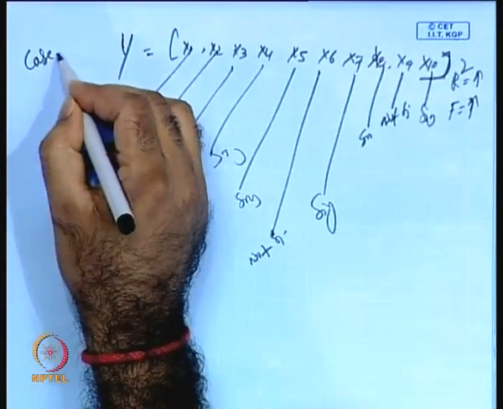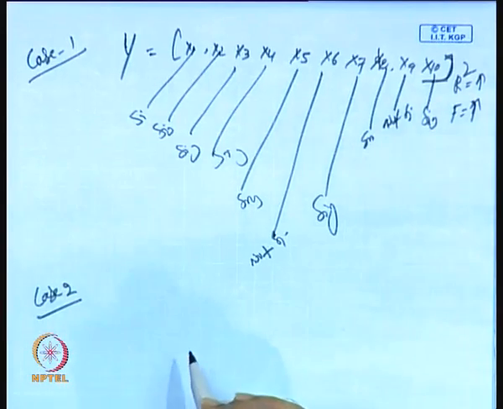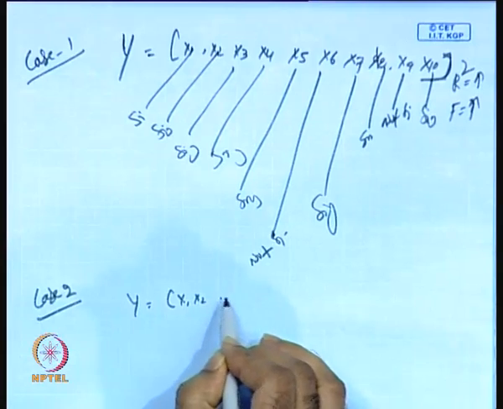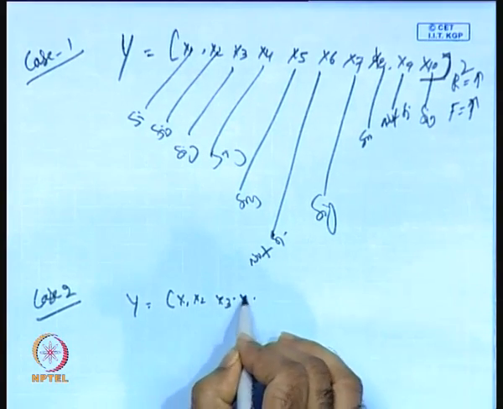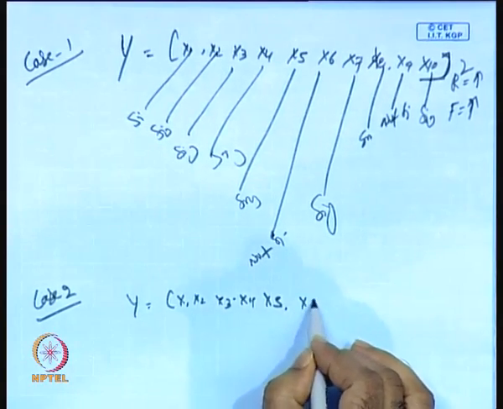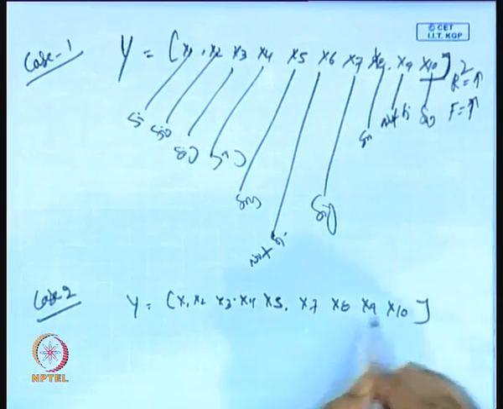So what you have to do is make an experiment. This is the original case, and you call it case 1. Then you go to case 2: you take the model y equals x1, x2, x3, x4, x5, dropping x6, then x7, x8, x9, x10, and check the model status.